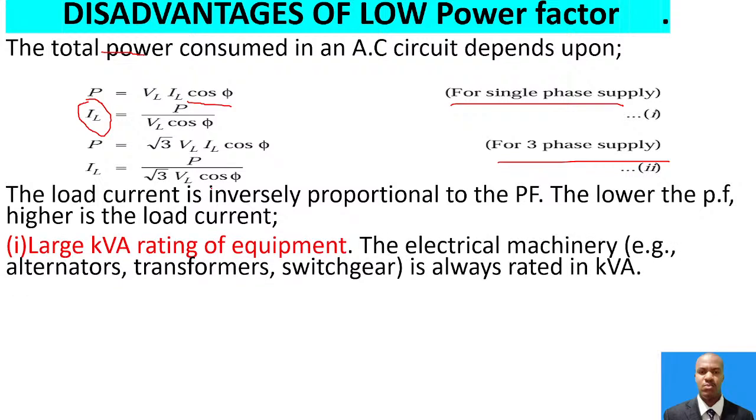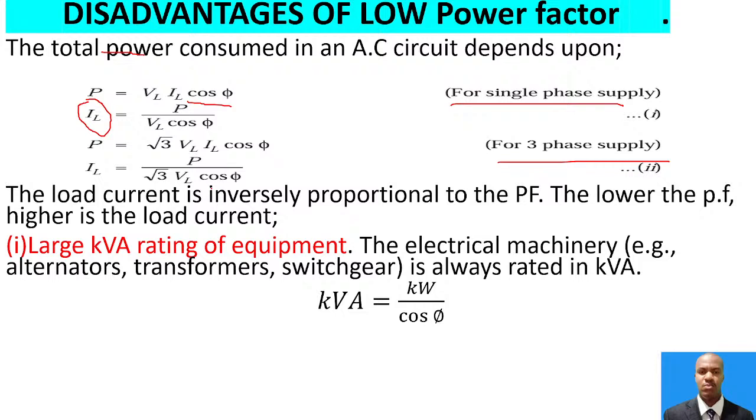1. It leads to large kVA rating of equipments. This is simply the rating of equipments such as alternators, transformers, switch gears being rated at a very high value, and that high value has some impact on the cost implication.